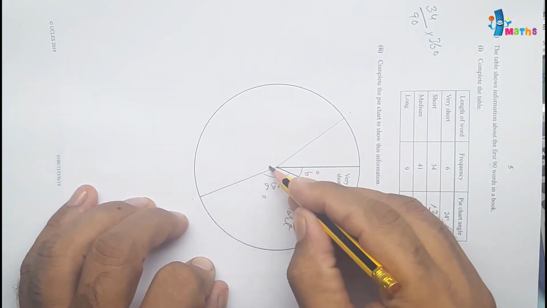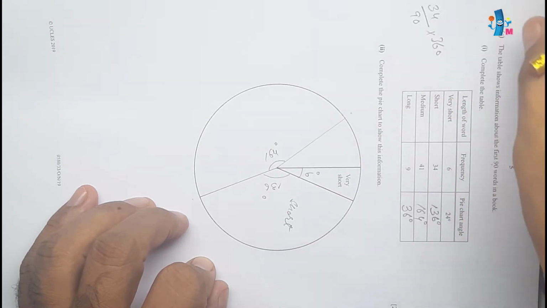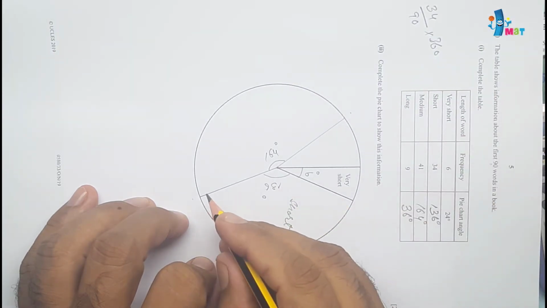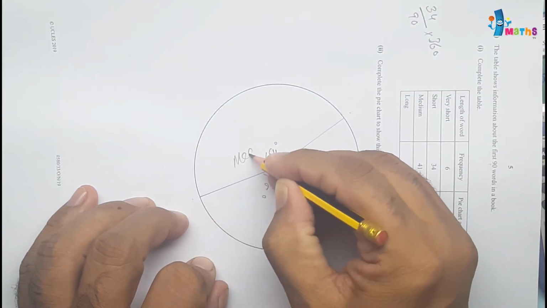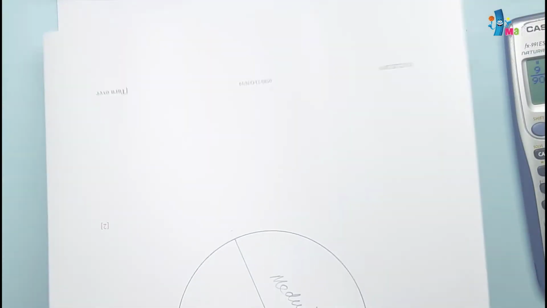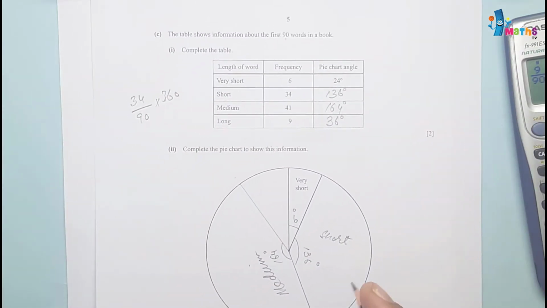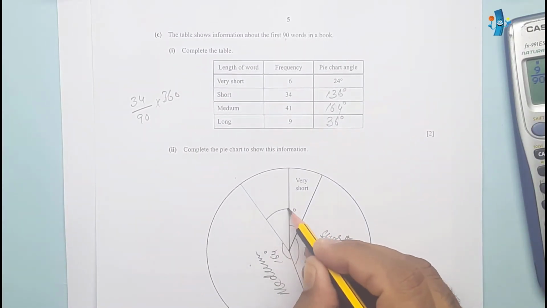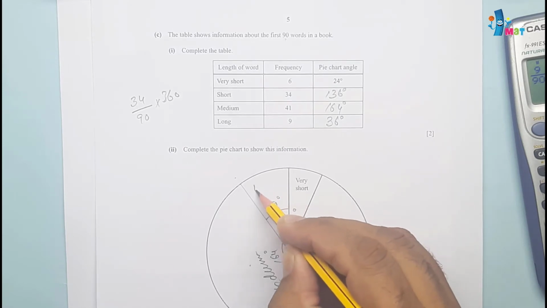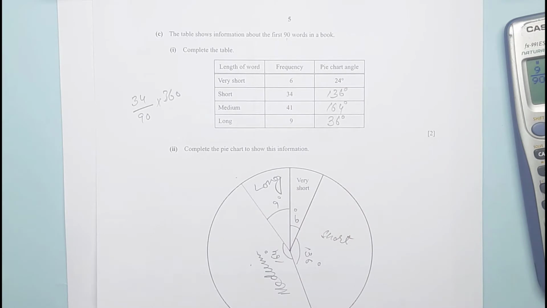So this angle is 164 degrees, and this is representing medium. Then the last one is long, so the remaining angle, this one is 9 degrees and this is long. This is now complete.